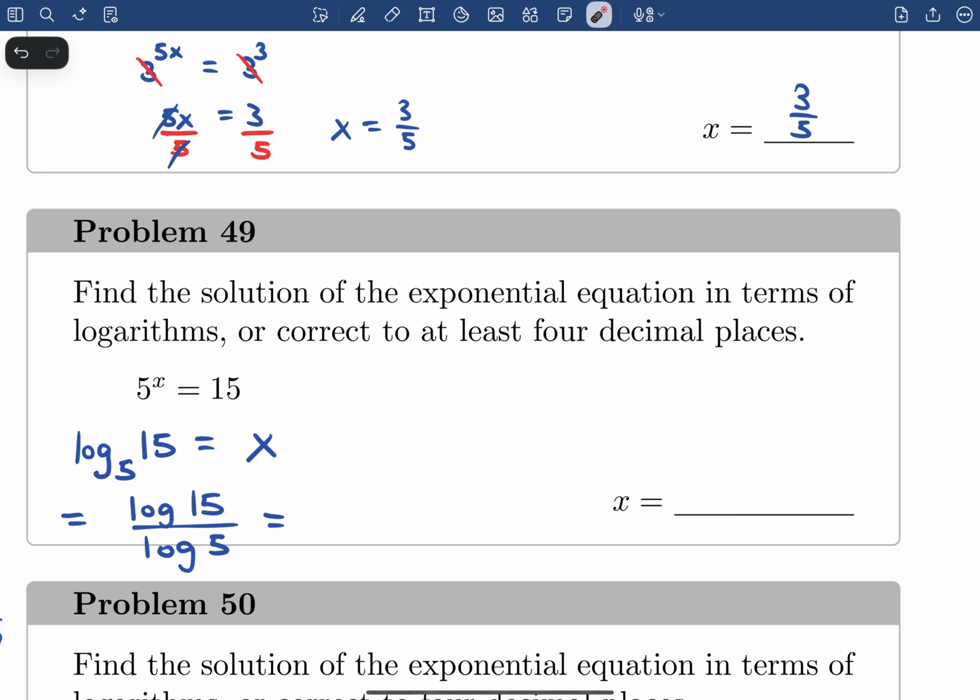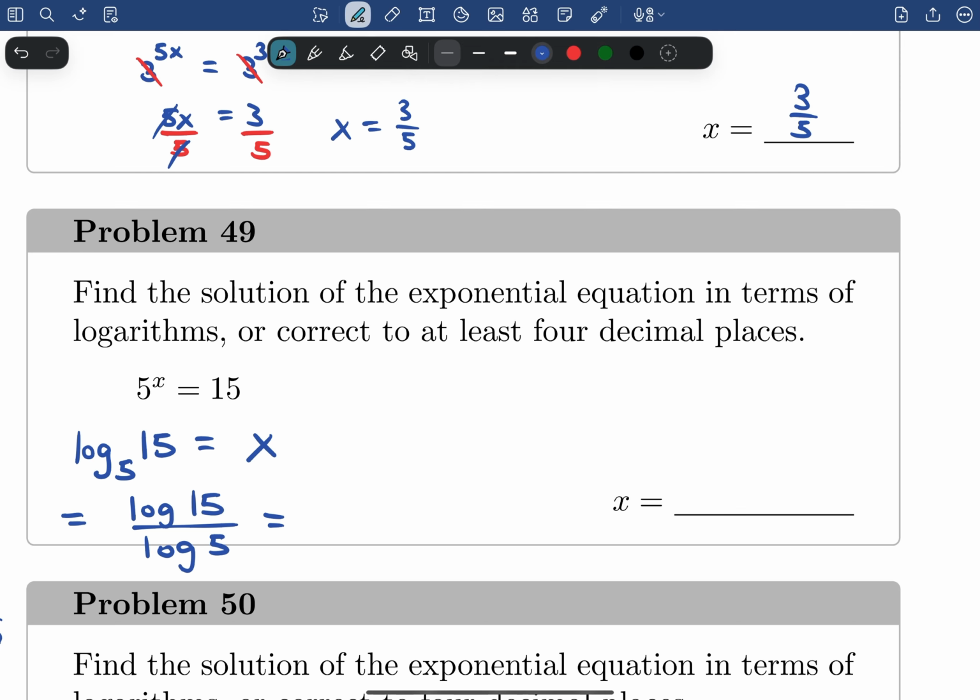This is the result. Now this is the exact answer, by the way, but we've been asked to write it to 4 decimal places if possible. So you can write your answer as log base 5 of 15. That's one way to report your answer.